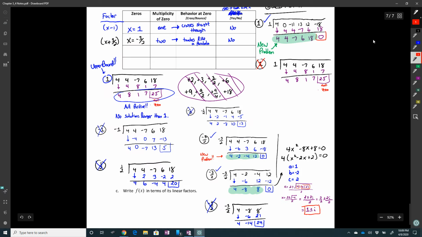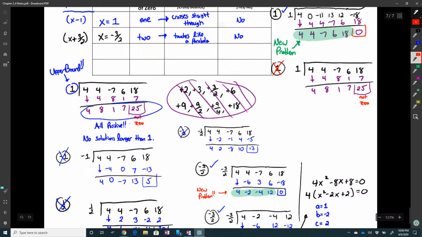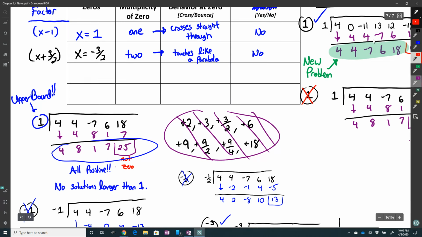Zooming back out. All right, so up here, the other two zeros would be x equals 1 plus i, x equals 1 minus i. And the factors for those are just x minus those numbers.